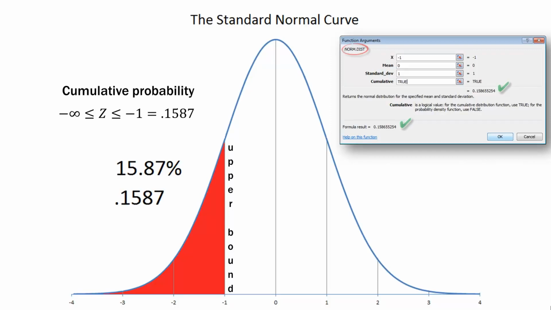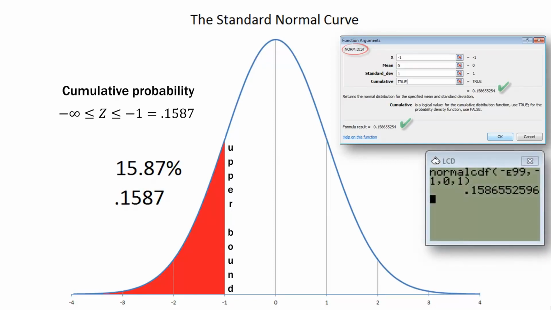Mean is, of course, still 0. Standard deviation is 1. Cumulative is true. So when we evaluate that in Excel, we have a result of 0.1586, etc. So the probability there in the red is 0.1587 or 15.87% of the total area.